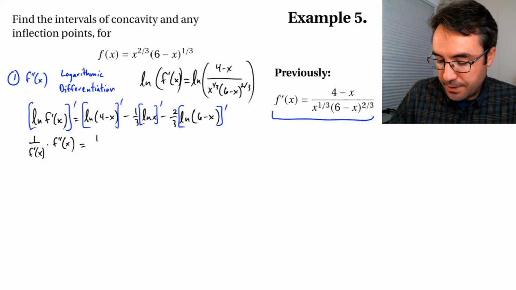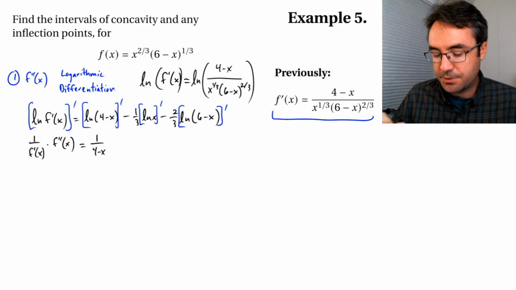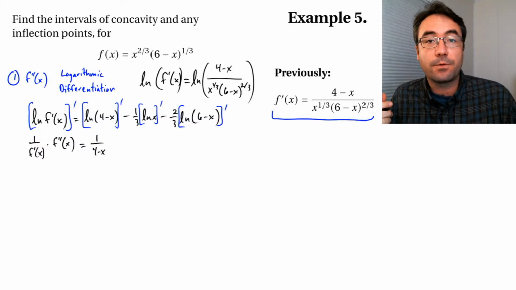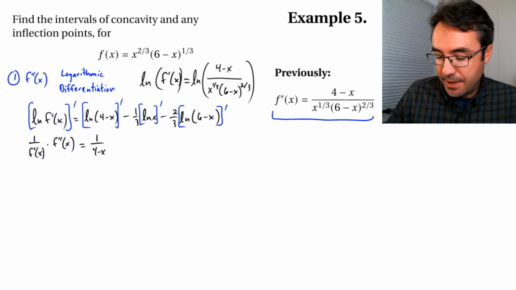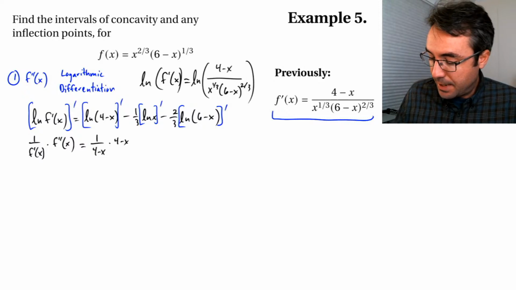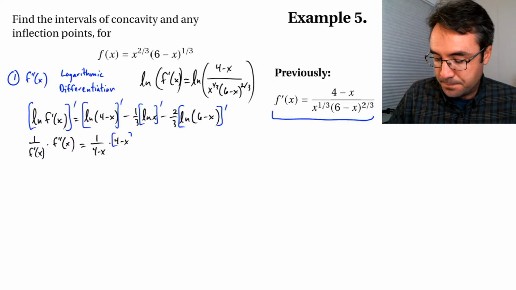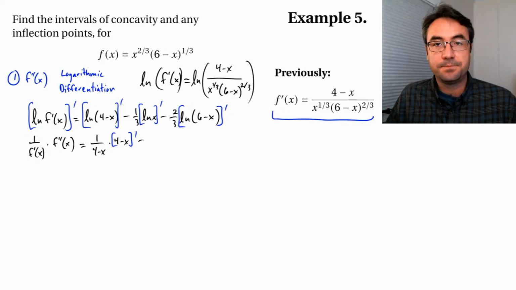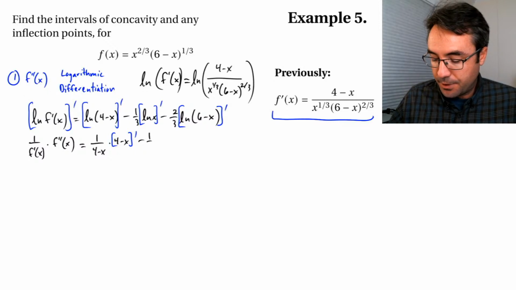So for this first one, it's the reciprocal, 1 over 4 minus x. And then we take what's inside, multiply by its derivative. So that's chain rule.